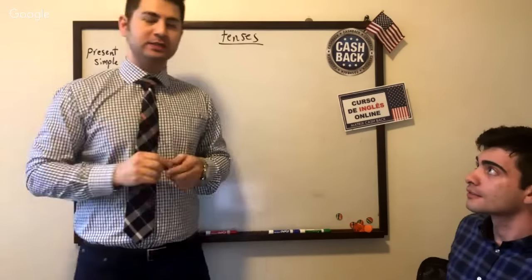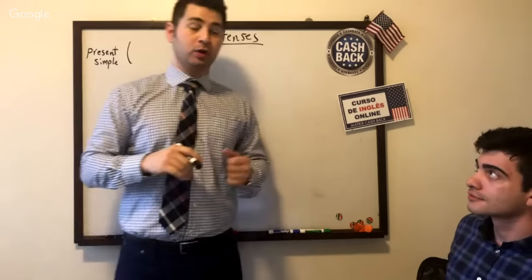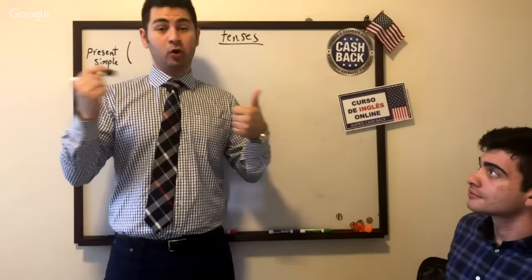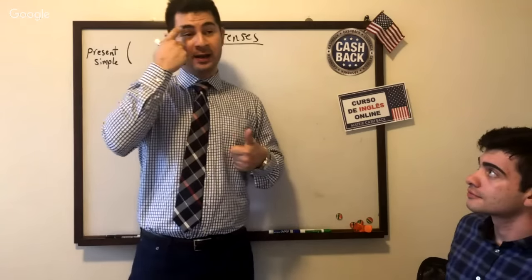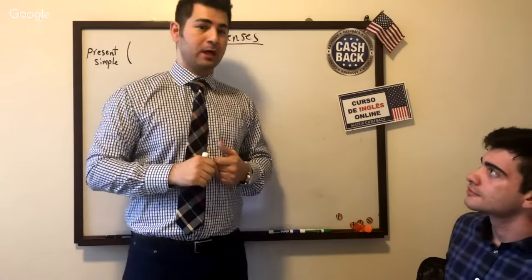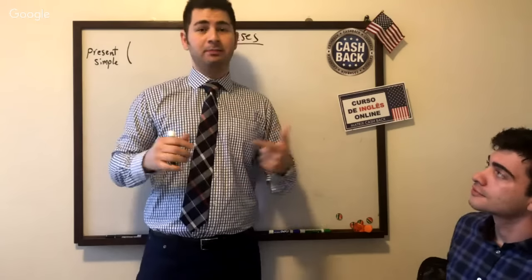We use simple present in English when we want to talk about facts, things that are always correct, always true, and when we want to talk about things that happen regularly. Things that happen on a regular basis.